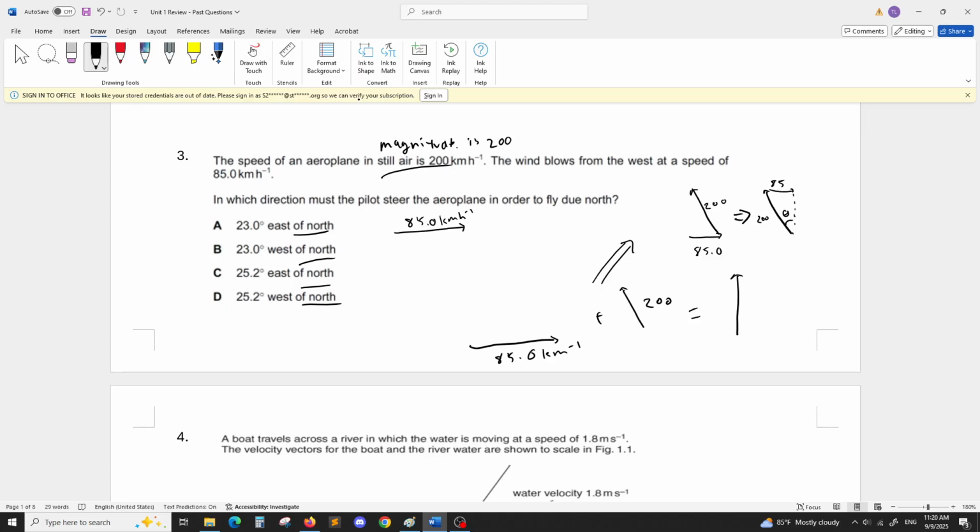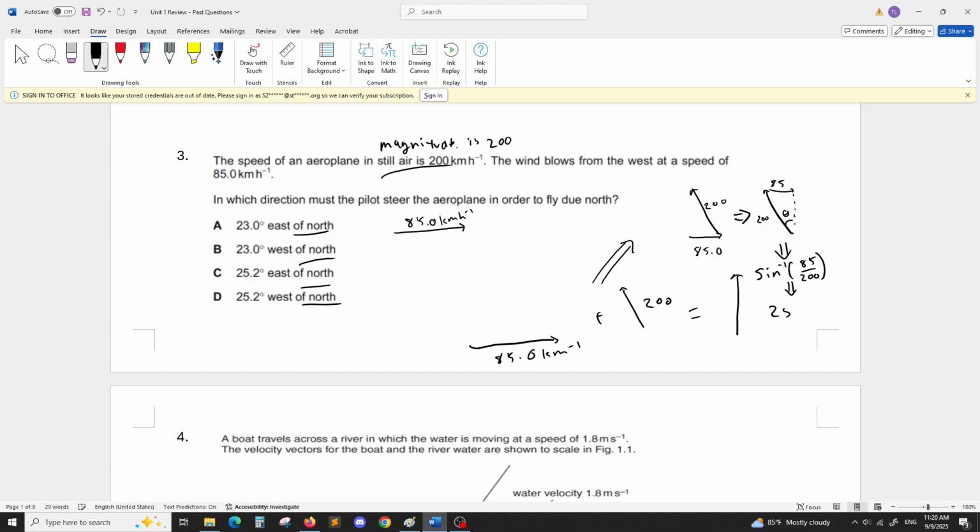So then we can say that tan inverse of 85, actually this is not tan, this is sine. Remember your SOHCAHTOA, guys. Sine inverse of 85 over 200. Make sure your answer is in degrees too. I believe AICE wants degrees always on your calculator.